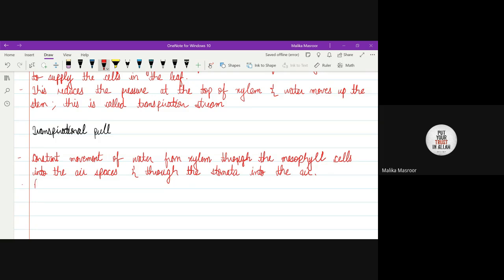So pressure at the top of the xylem vessel is comparatively lower than pressure at the bottom in the roots.